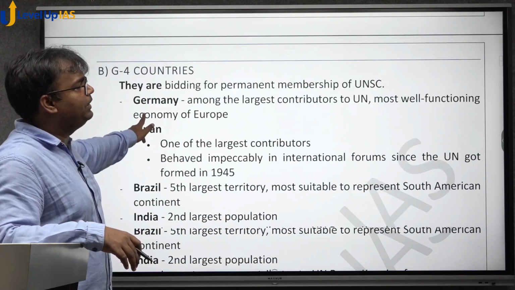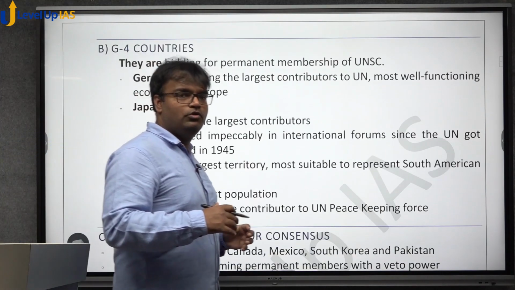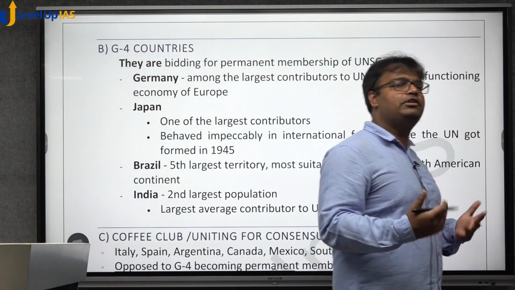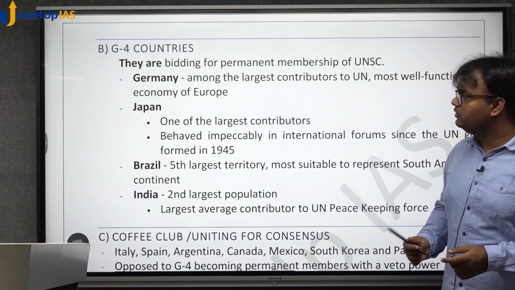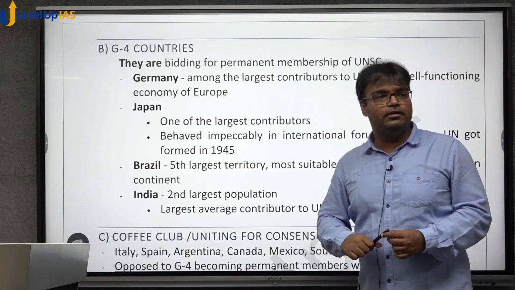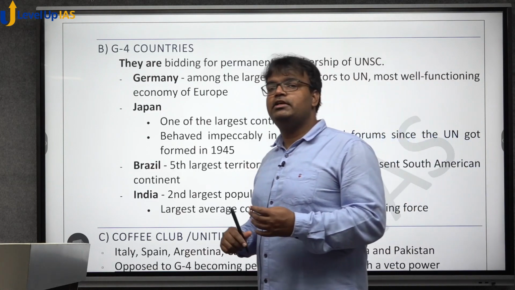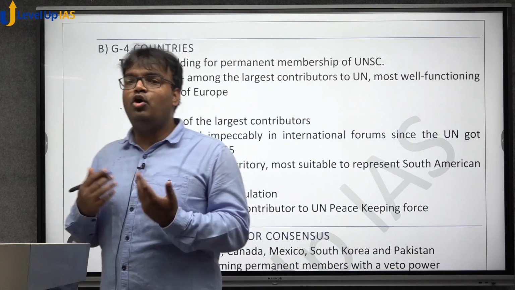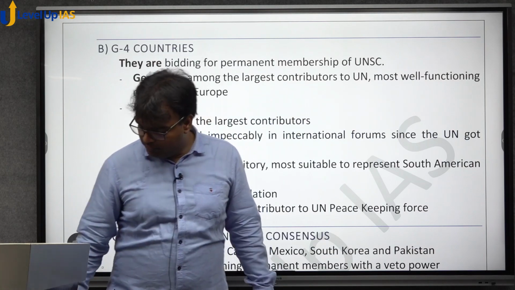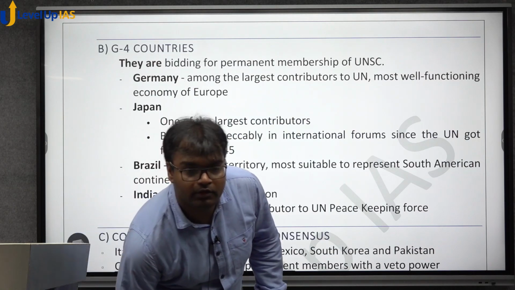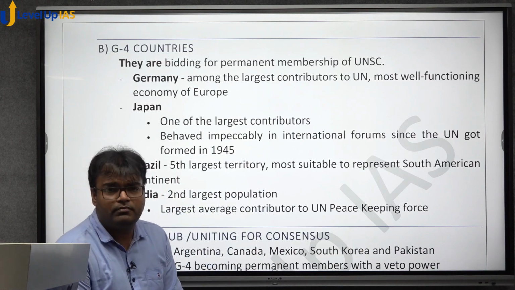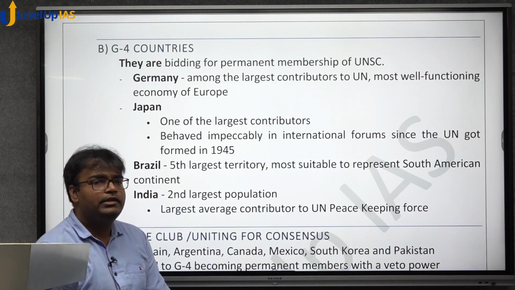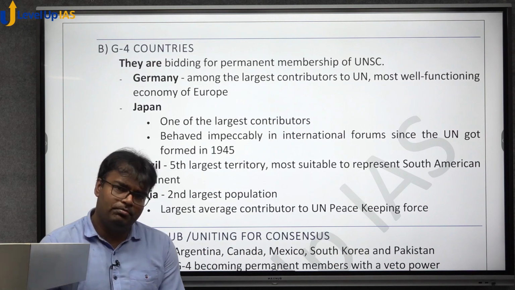There are various international groupings which are calling for reforms but in different ways. For example, there's the G4 grouping, which includes Germany, Japan, Brazil, and India. These 4 countries are calling for all 4 to be made permanent members, because economically they may be as good as the permanent members or better.